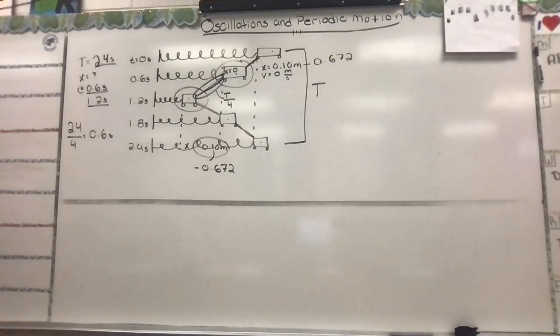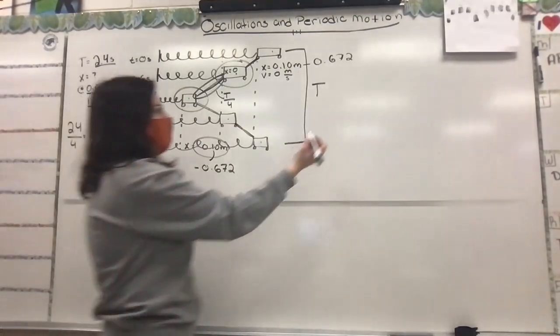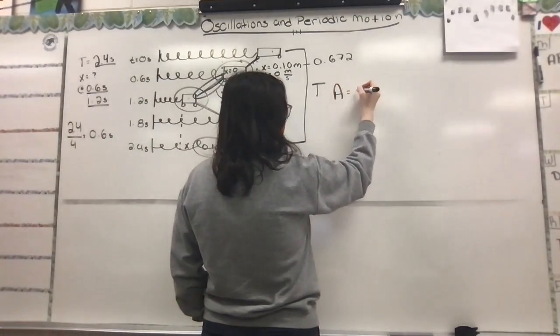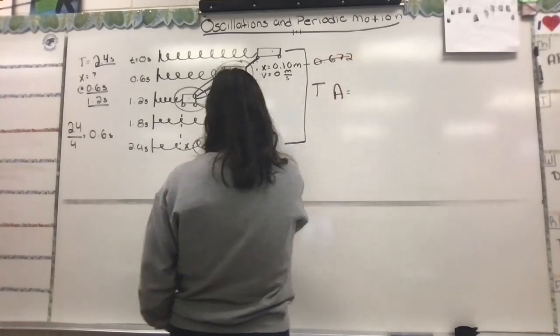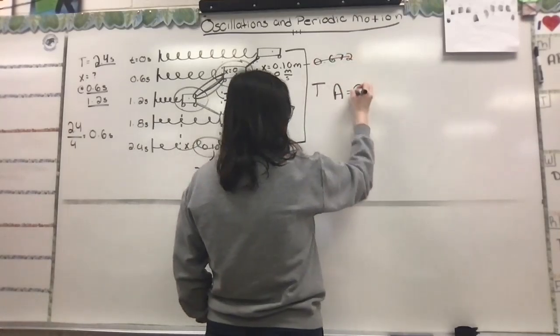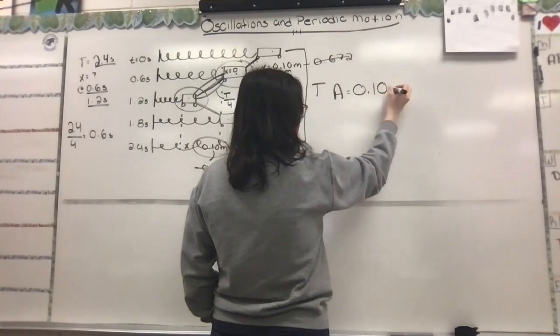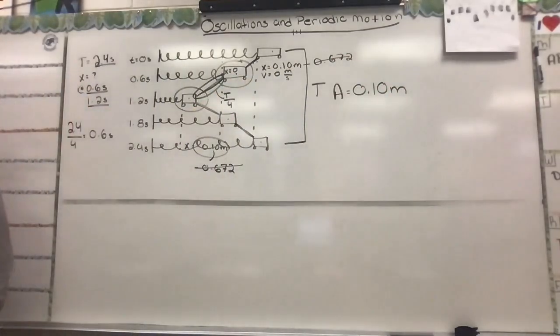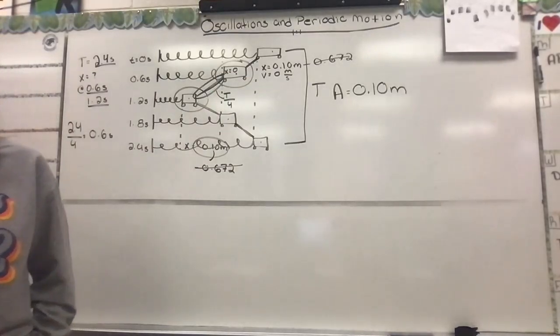Okay, hush. I got a question, you guys. What's the amplitude of this wave? 0.10, because from equilibrium to our crest and trough, it's 0.10, okay?